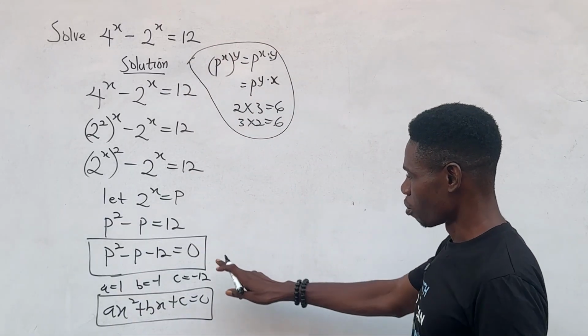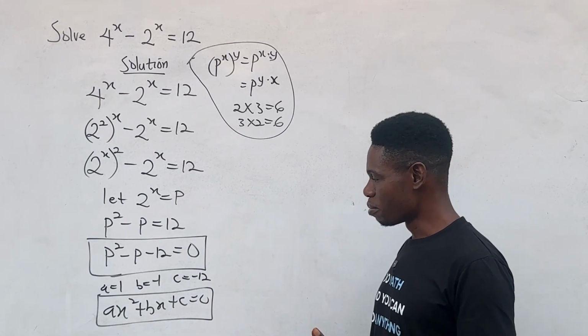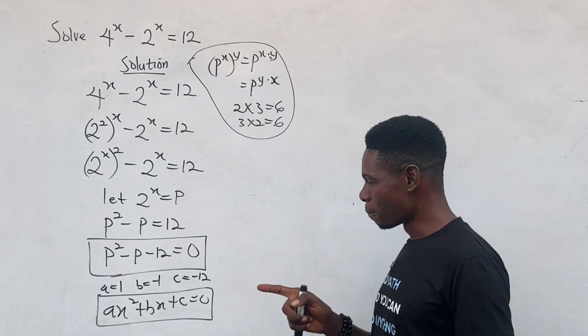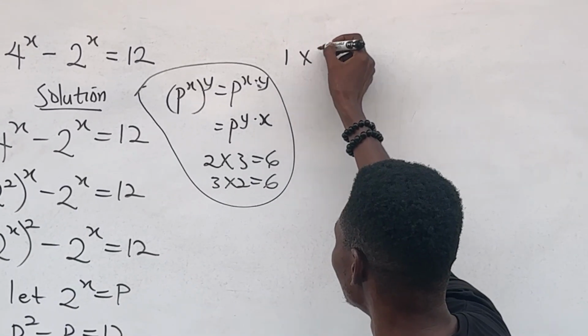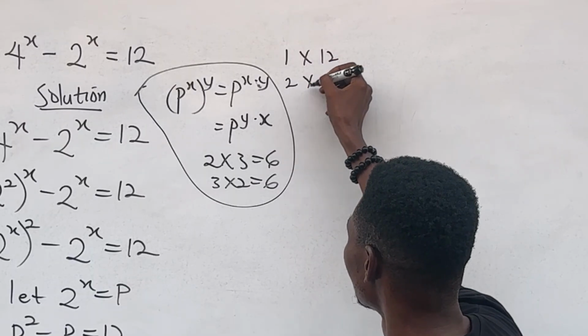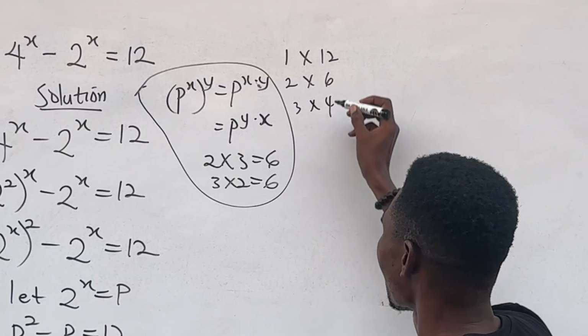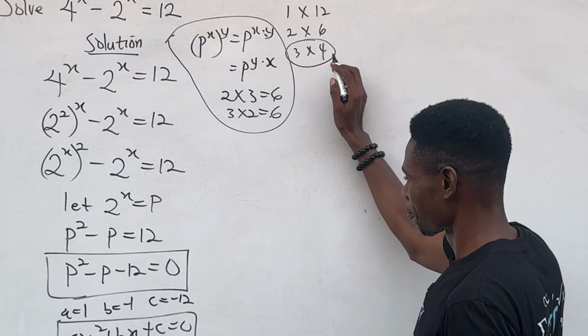Okay, so from here, we have to look for two numbers that when we multiply them, their product is minus 12 and their sum is minus 1. So for a product of minus 12, you have 1 and 12, 2 and 6, 3 and 4. And now, what will give us a sum of minus 1? 3 and 4.